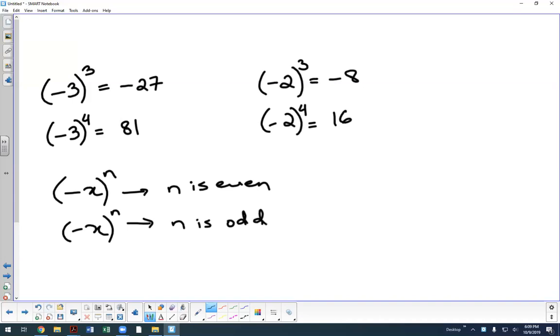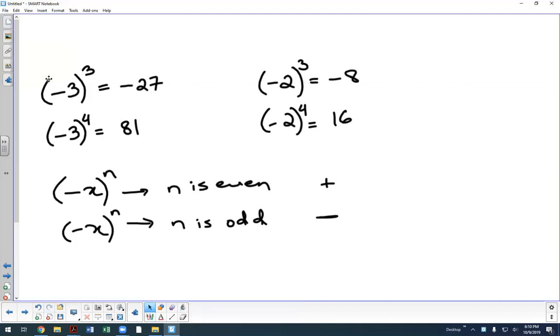So anytime you have a negative base with an even number, and this is of course going to be true for your exponent being 2nd power, 4th power, 6th power, 10th power, doesn't matter, you are always going to end up getting a positive result, right? But if you have a negative base with an odd exponent, you will actually always have a negative sign left behind.